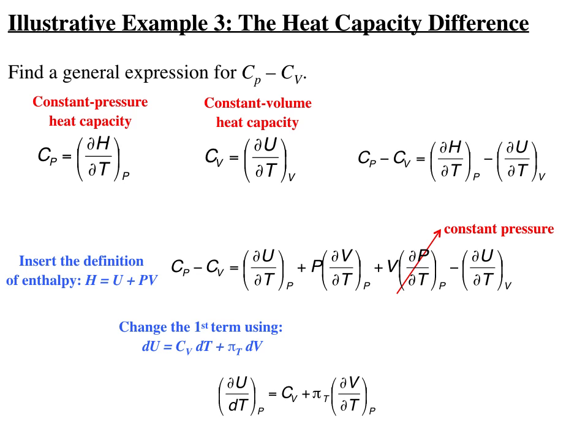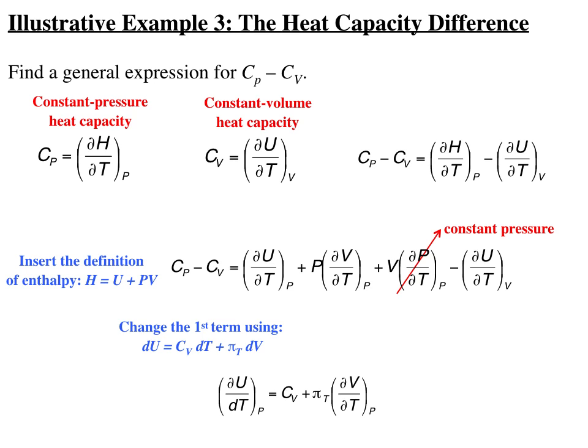Okay, so let's just look at the difference between C sub P and C sub V using the definition of C sub P as dH/dT at fixed P, and the definition of C sub V as dU/dT at fixed V. So C sub P minus C sub V, as we see on the first line of equations, is equal to dH/dT at fixed P minus dU/dT at fixed V. Now what I'm going to do for the first term, dH/dT at fixed P, is substitute in that H is equal to U plus PV.